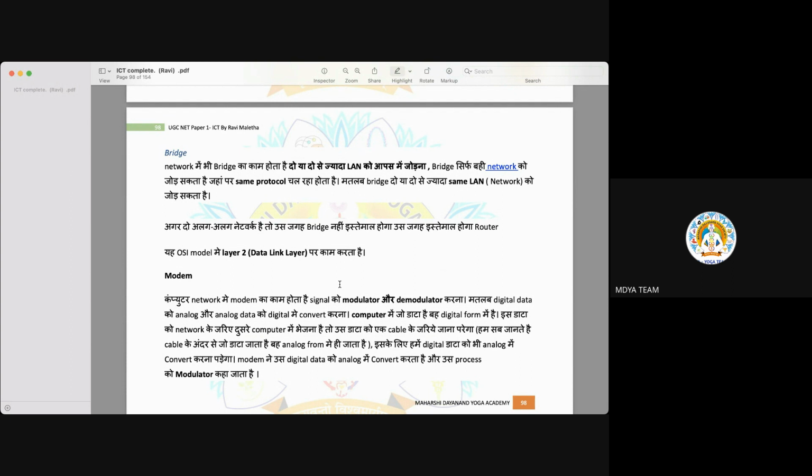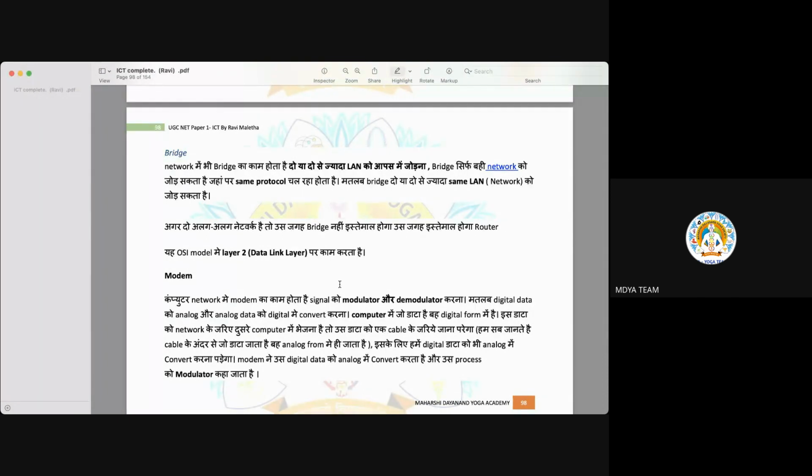but the signal which is flowing in the wires, in the form of electrical signals, is all analog in nature. So we need some device which converts this analog to digital and digital to analog.